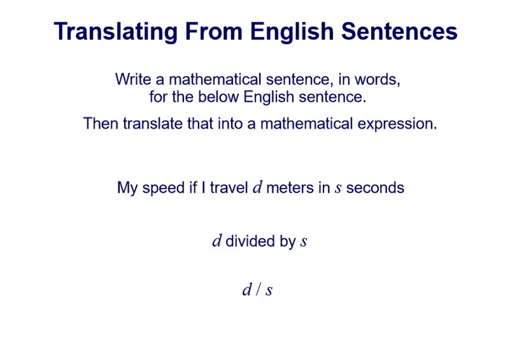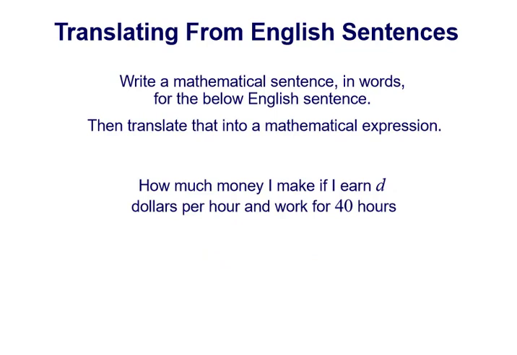So we can translate the speed traveled in d meters in s seconds to d divided by s, and we're using the slash symbol here in order to represent the division. So this English sentence translates to d divided by s, or d slash s, or d over s in symbols.